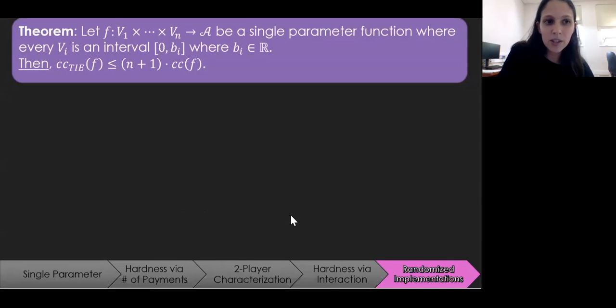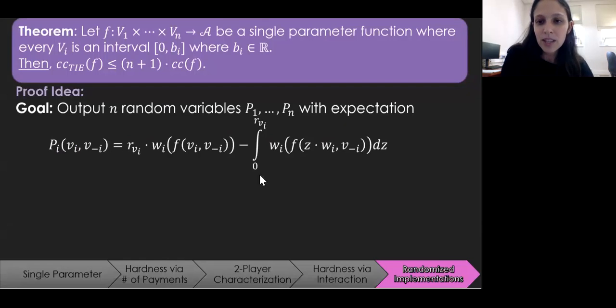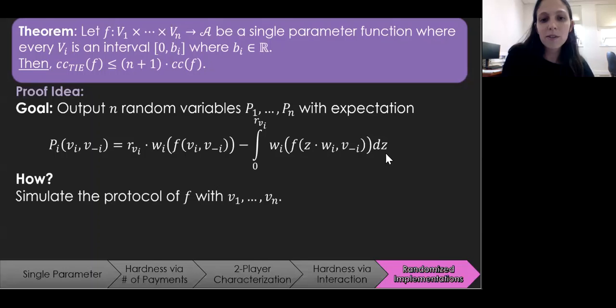Okay, so now let's give the idea of the proof. Our goal is to output n random variables, where the expectation of each variable is this expression, which is the payment specified in the Myerson lemma. And how do we do it? First of all, we simulate the protocol of the function with v1 to vn.